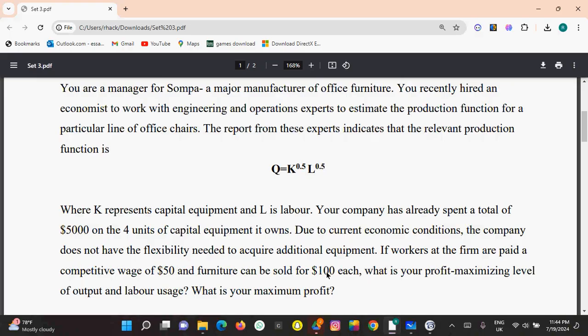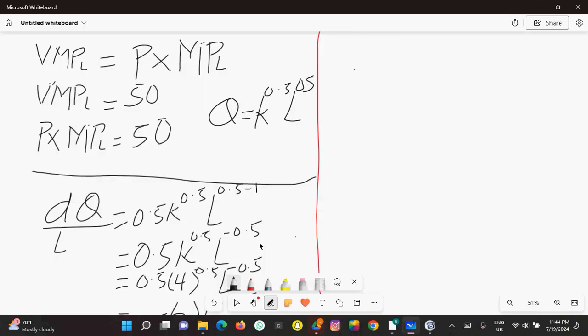The furniture is being sold for 100, right? And then the wage, or the amount of money being received by the labor, is 50. So let me write it here. P is equal to 100, and then wage is equal to 50, right?